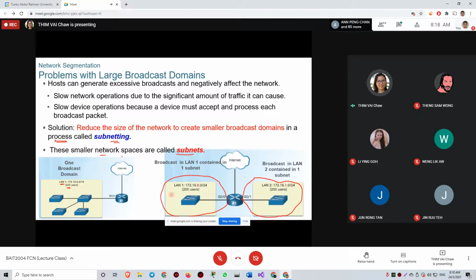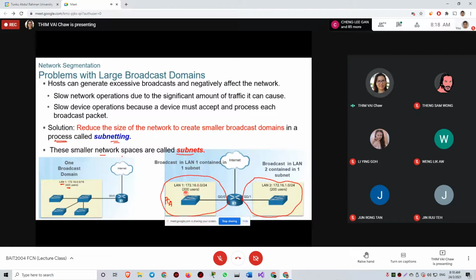So when the devices belong, let's say I have one PC A under this subnet, when I send out the ARP request message, as a broadcast message, I will only send this broadcast message to these 200 PCs.